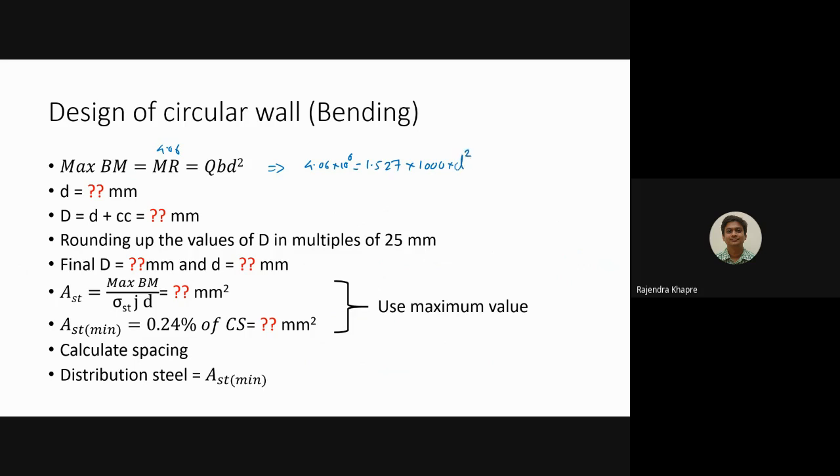How much is the D now? It will be very less. This D is coming out to be 51.56 millimeters. And what thickness have we actually provided? 150 mm. So definitely this is safe.